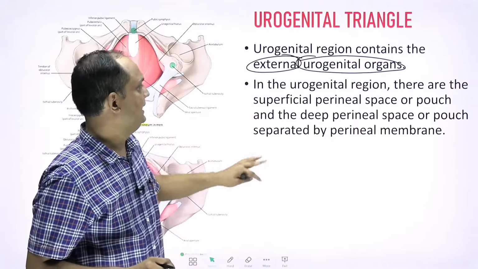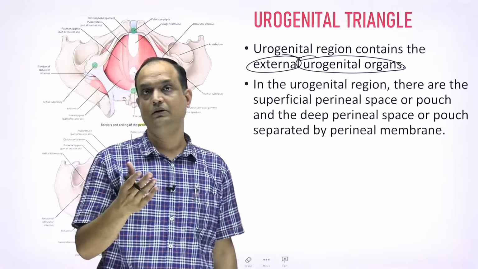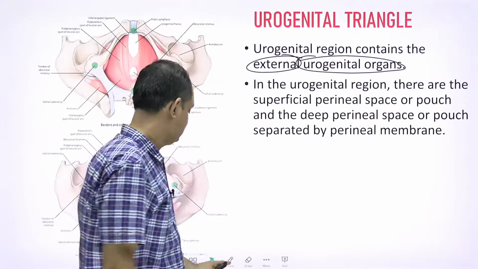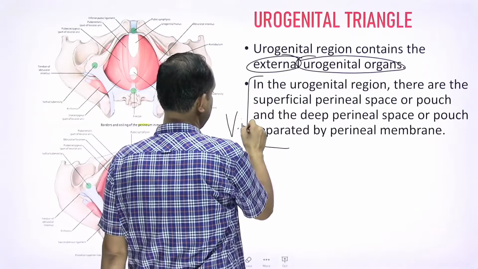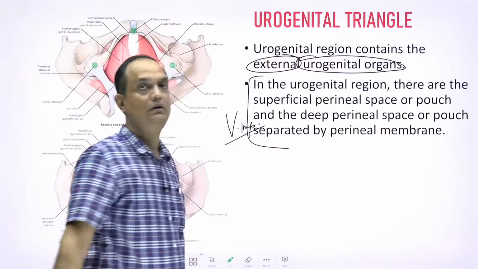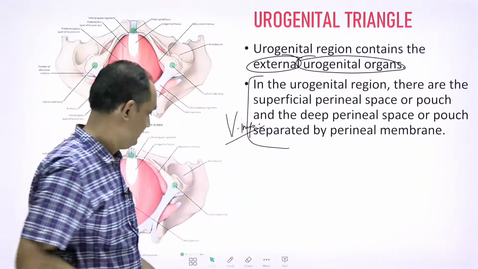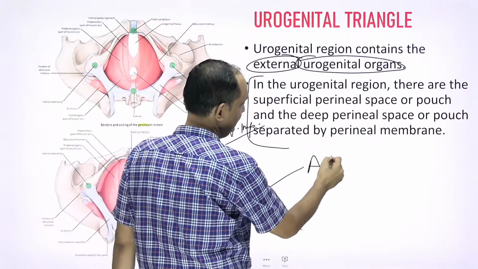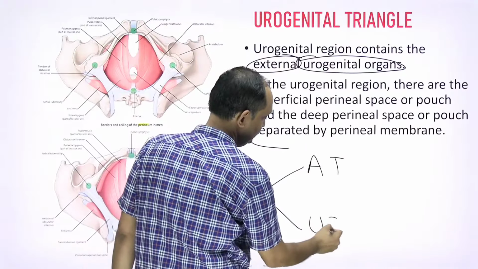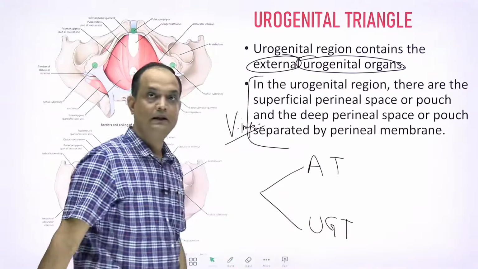In the urogenital triangle, further, you will have a very, very important concept. See how we are dividing the perineum. We have divided the perineum into two parts, the anal triangle and the urogenital triangle.